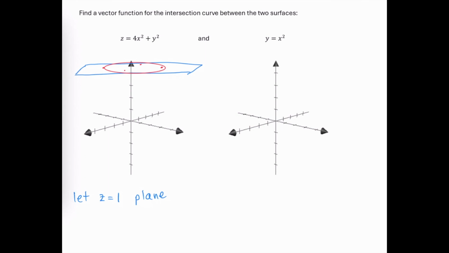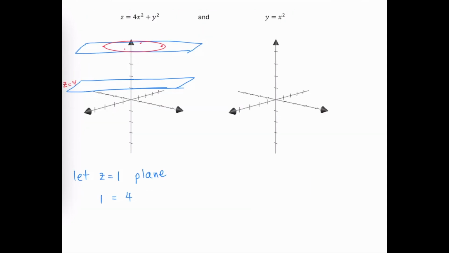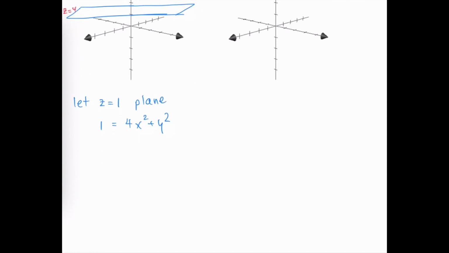So essentially we're wondering, what does this quadric surface look like in the z equals 1 plane? In order to determine the intersection between two surfaces, we plug one into the other. So we're plugging z equals 1 in, we get 1 equals 4x squared plus y squared. We already have our desired positive 1 on one side of the ellipse, so we just need to fix up this right-hand side.